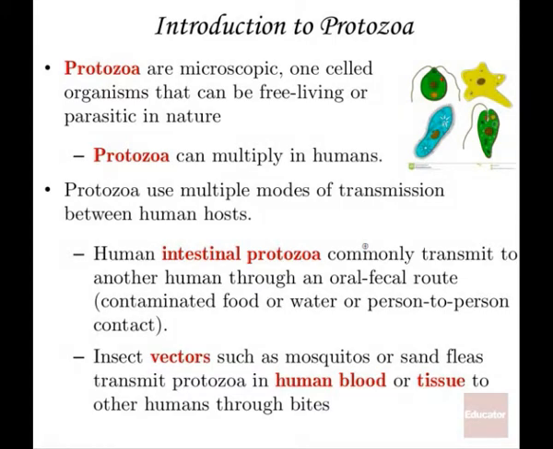So there can be direct ingestion, for instance, of these protozoa without the protozoa being in any kind of spore stage. And then again, we also have vectors like the mosquito, like the sandfly, that can transmit these protozoan from one host to another.